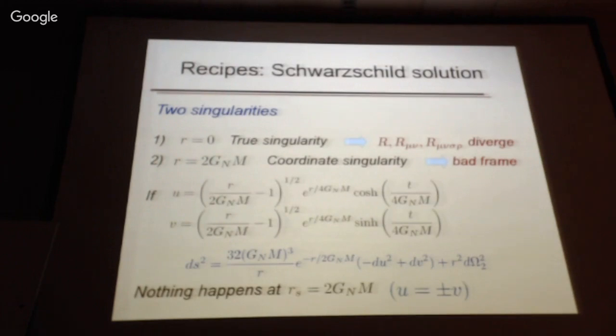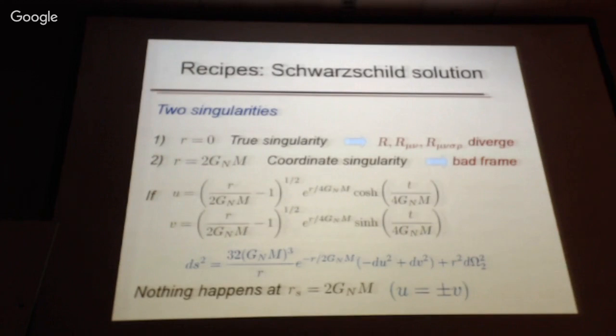However, at the Schwarzschild radius, that's what is called a coordinate singularity. I'm just taking a bad coordinate system. My variables are not the right ones. For example, I can go to u and v, which are called the Kruskal variables, and there the metric is a very strange combination of r and t. The metric is not particularly beautiful, but nothing wrong happens at the Schwarzschild radius.